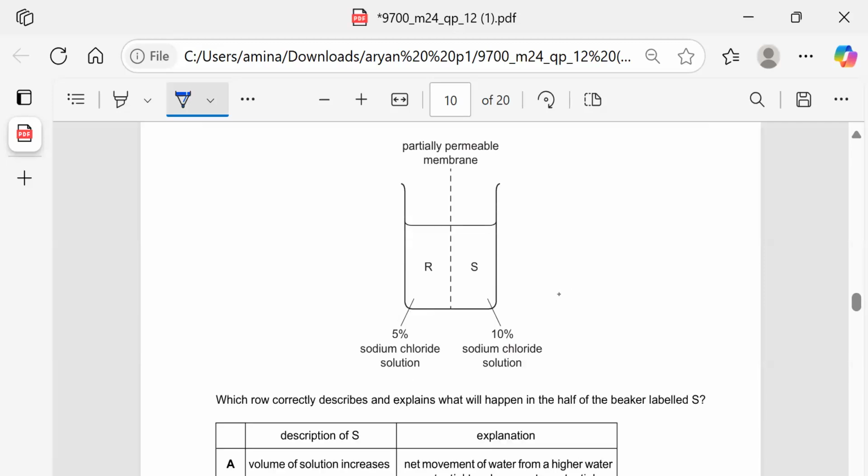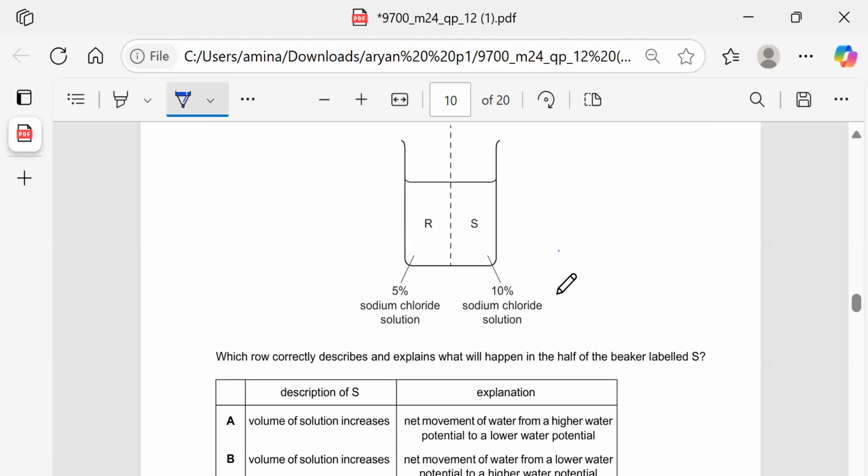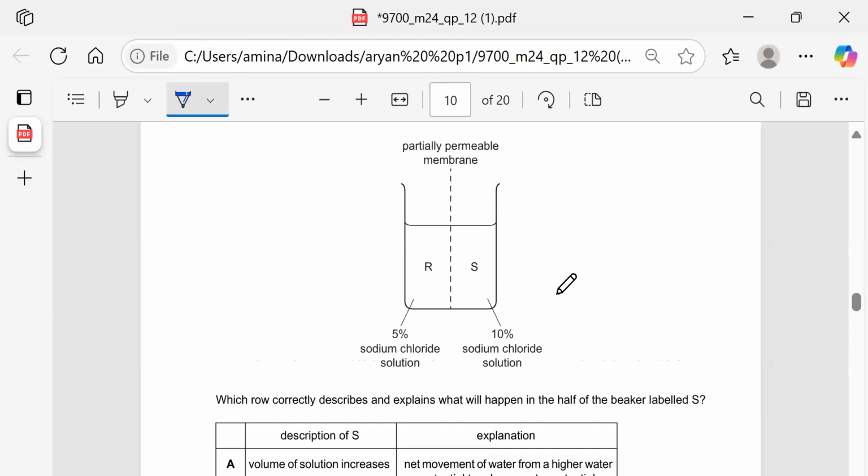So what they're asking you is which row correctly describes and explains what will happen in the half of the beaker labeled S. If I see over here, S is a beaker with more concentration of sodium chloride.